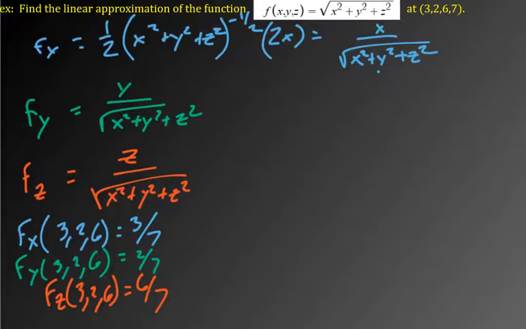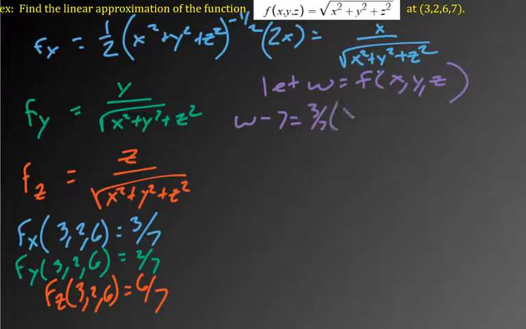So I'm going to let w equal f of x, y, z. So basically w is my last variable. So w minus 7 would equal 3/7ths times x minus 3, plus 2/7ths times y minus 2, and then plus 6/7ths times z minus 6.